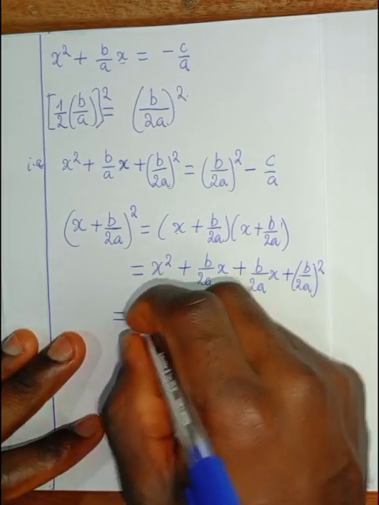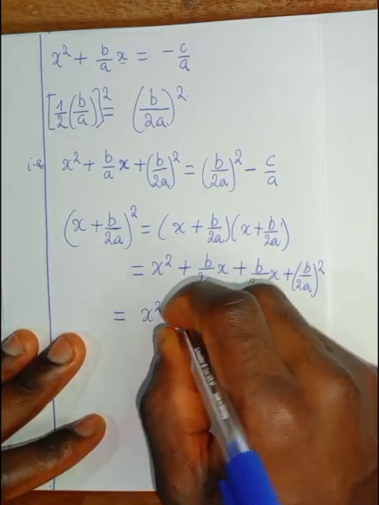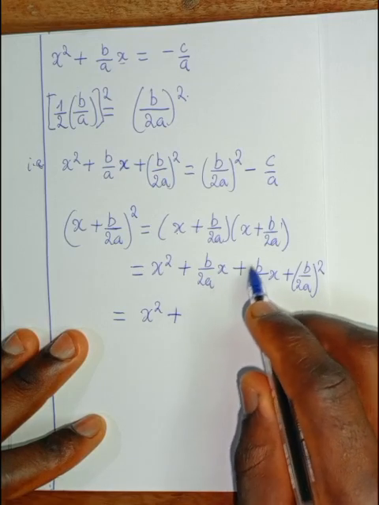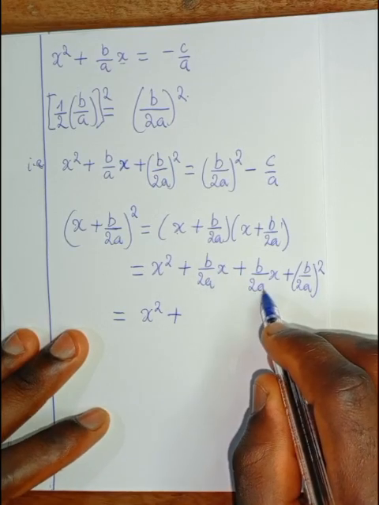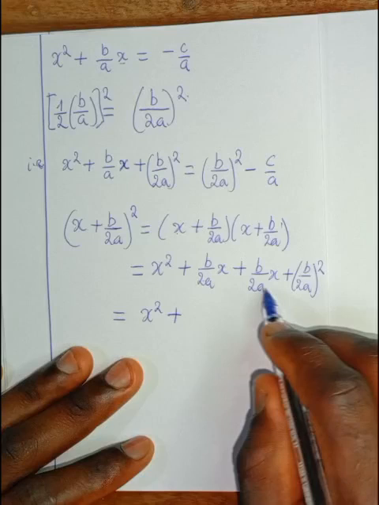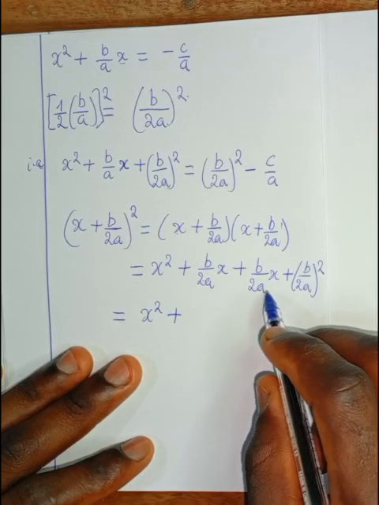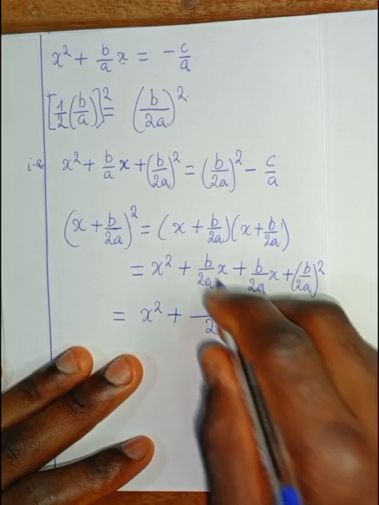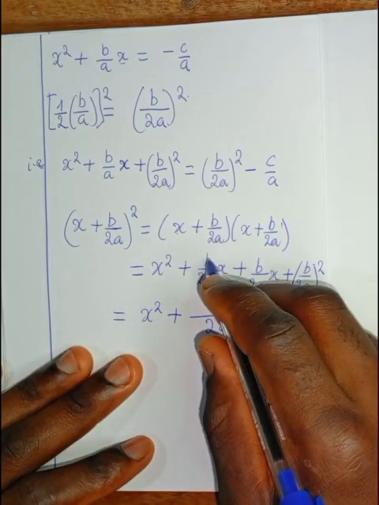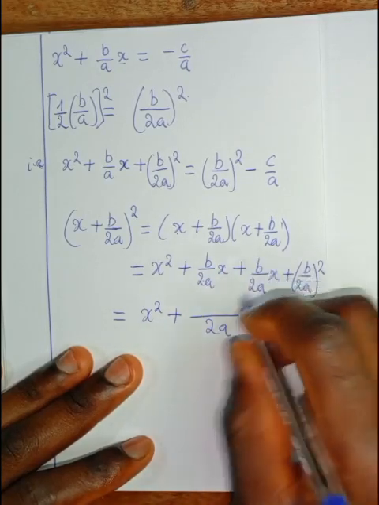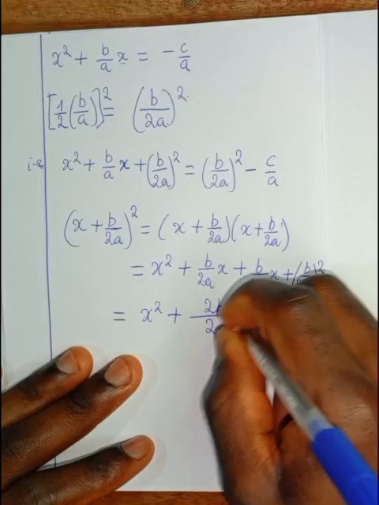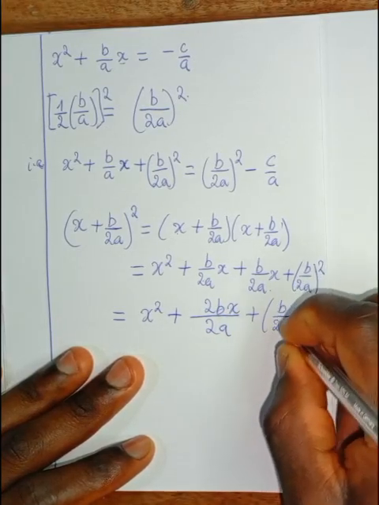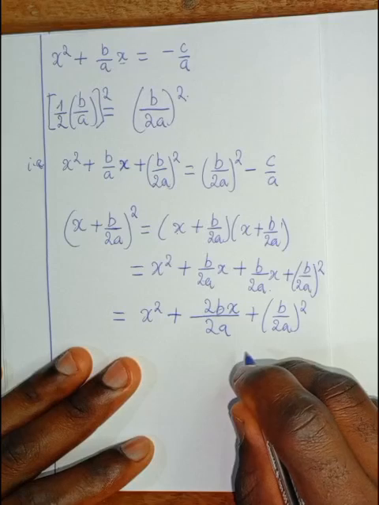And this will simply be equal to x squared plus, here we have b over 2a x plus b over 2a x. Here you see that they have the same denominators, which is 2a. Then we are going to add the numerators. bx plus bx simply gives us 2bx over 2a, plus b over 2a, all this squared.